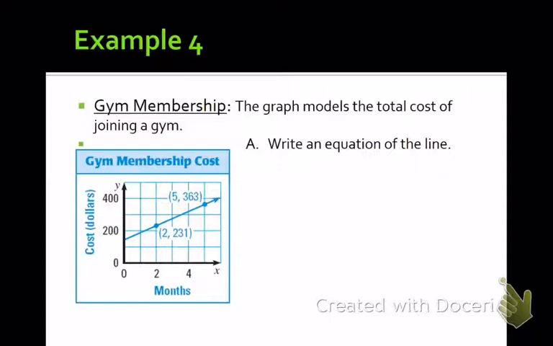Okay? All right. Now, what if we don't have another line to get the slope from, and we still want to write the equation of a line? So in this example, we have a gym membership, and it's plotted out. So the y-axis is the cost of the membership in dollars. The x-axis is the number of months that you've been a member.